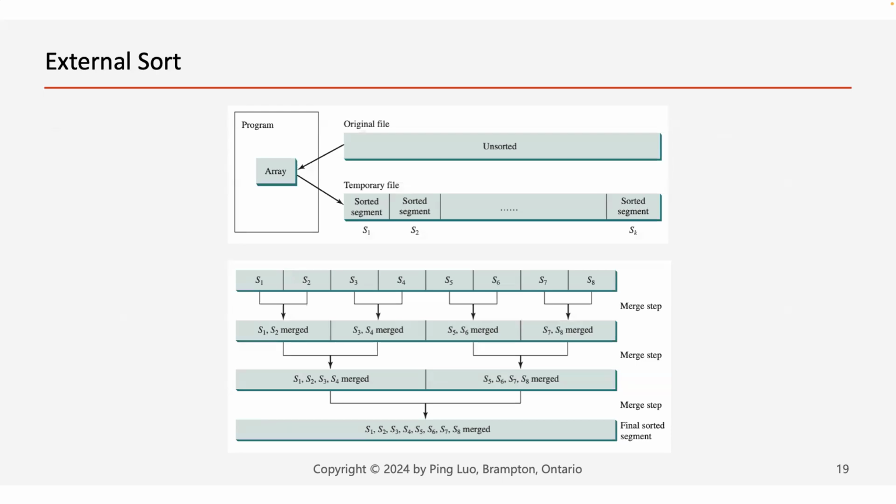We divide the original array into small segments, move one segment into memory and sort them one by one, then use the merge sort idea to merge two results, merge again, and finally merge everything together to get a sorted list.